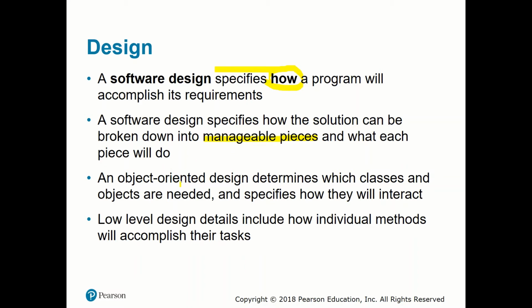In an object-oriented design, we should think about what kind of classes and objects we need, and specify how they will interact with each other. Among objects we need to have some interaction. Low-level design details include how the individual methods will accomplish their tasks.